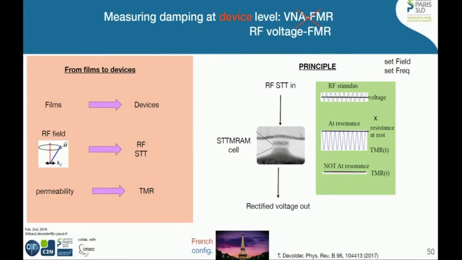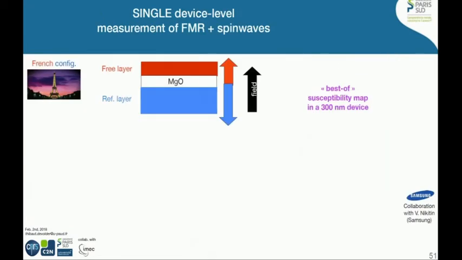And very important, you have to do it the French way, because that makes your life easier. By the French way, I mean that you have to choose that the free layer is magnetized opposite to the reference layer. So you prepare the junction in this antiparallel state.